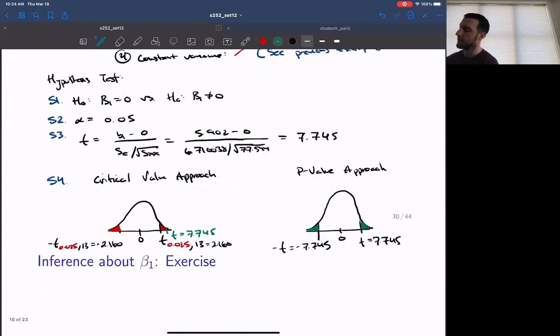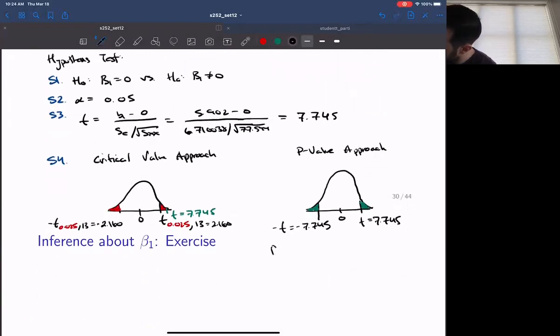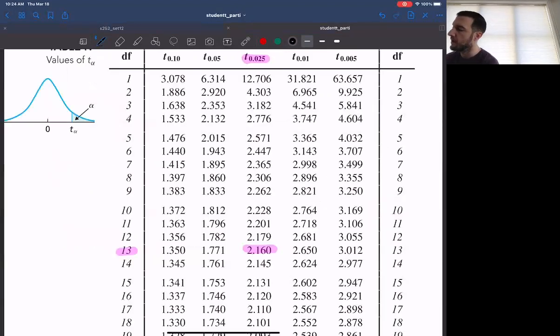So our p-value will be 2 times the probability that t exceeds 7.745. So we go back to our student t table. We have 13 degrees of freedom in this case, and we can see here is where our t-value would fall.